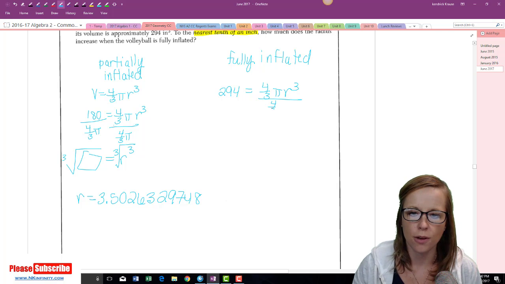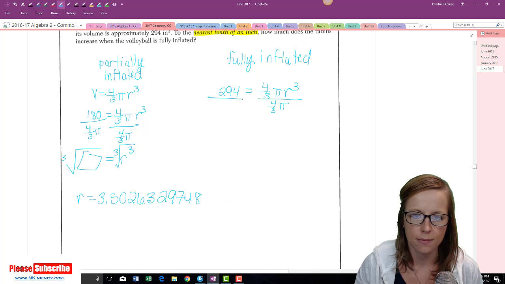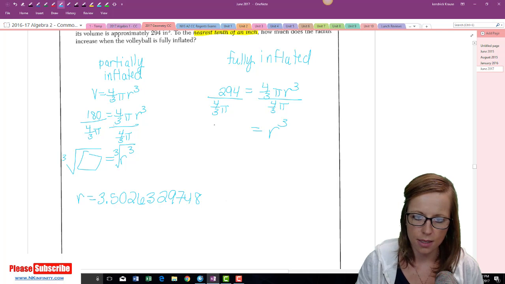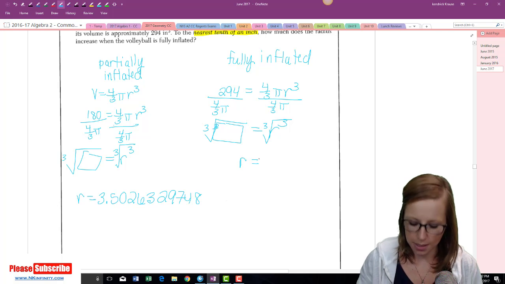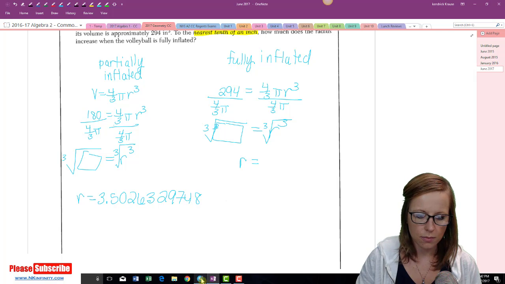We're going to do the same thing over here. We're going to divide by 4/3 pi. The number we get is going to be icky, and we're going to cube root it to get r by itself. So r is going to be some other crazy number.